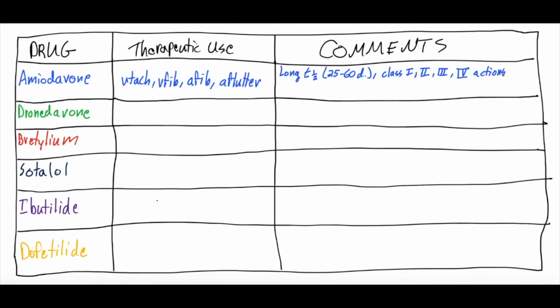So we talk about it as a class 3 potassium channel blocker, but it actually has actions for all of them. Because of this, it decreases the velocity of the action potential, prolongs the refractory period, and is great for all those re-entry tachydysrhythmias. Okay?